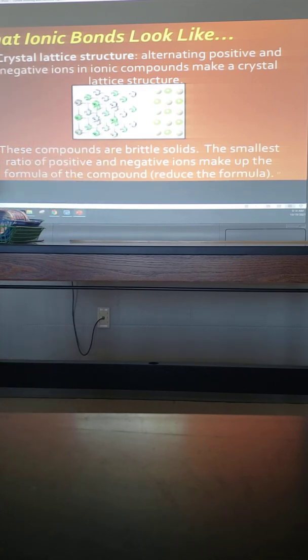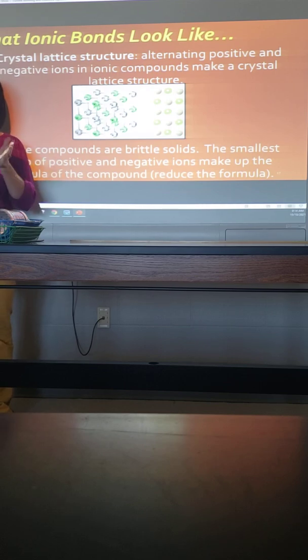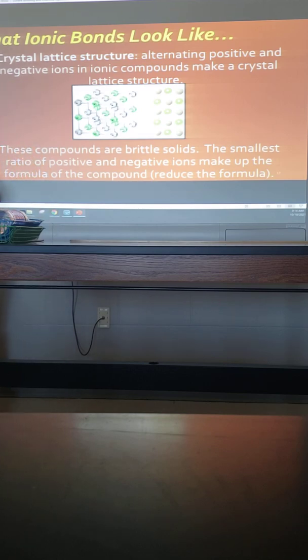And so typically they're gonna be brittle solids, and it's the smallest part of the ratio that makes up the formula. So remember how we said, let's reduce that? You might have Na50, Cl50, but that ratio reduces down to 1:1, just NaCl. Again, that's going to become more important as we get into balancing chemical equations.